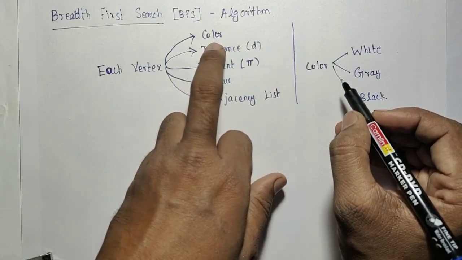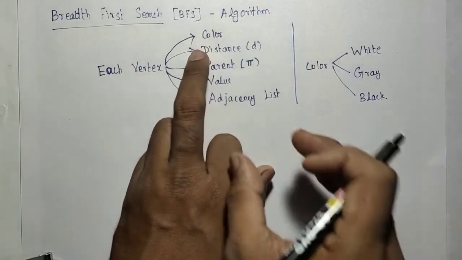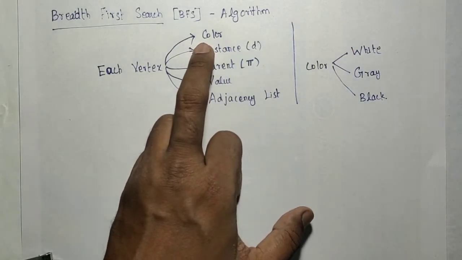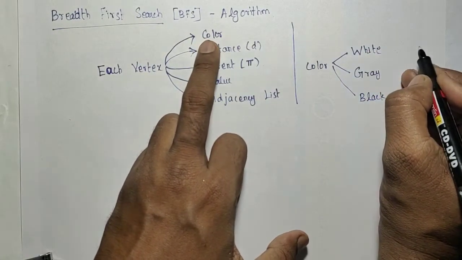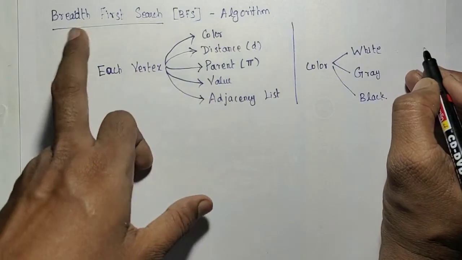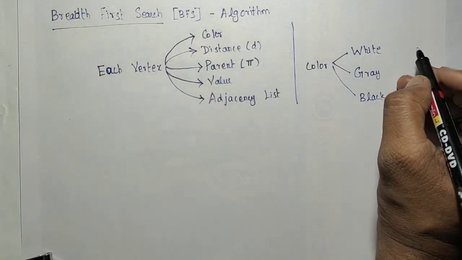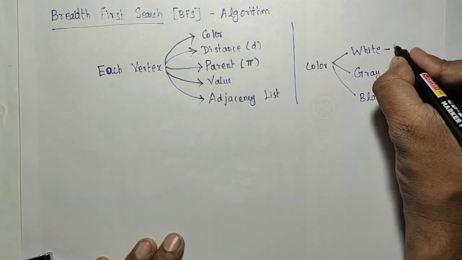This is just like a flag variable that is assigned to every vertex. If a particular vertex color is marked as white, it means that vertex is unvisited. In the breadth first search algorithm, we need to visit all the nodes. So white means completely unvisited node.